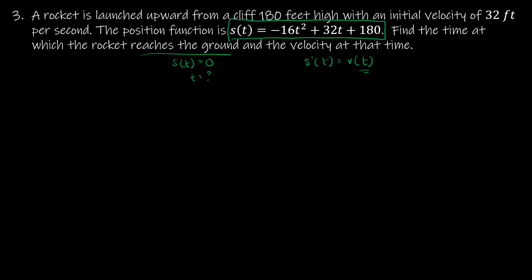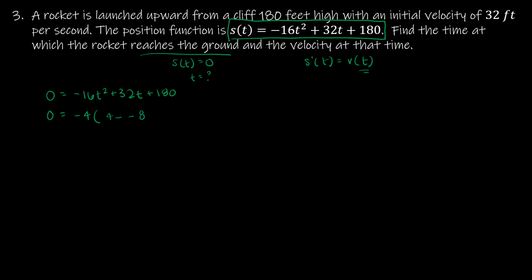So let's get started. So the first thing we have to do is solve for t. So we're going to use the position function and set it equal to 0, negative 16t squared plus 32t plus 180. And now I'm just going to factor. You can use the quadratic formula if you are more comfortable with that. I like to factor.